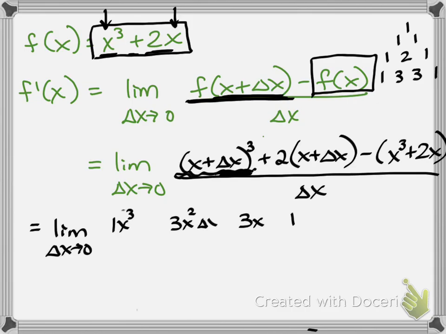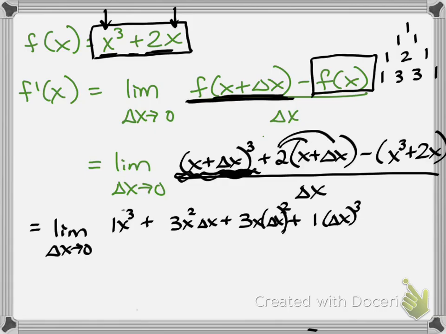And then it gets delta x to the first, delta x to the second, and delta x to the third. And then we do addition between them. All right, so that's cubing it.